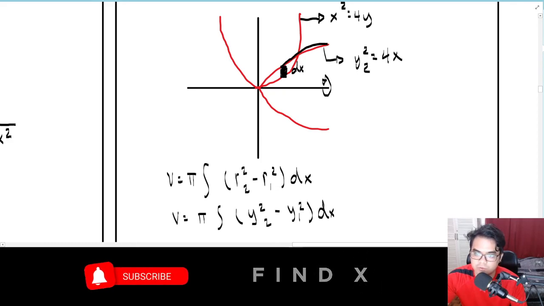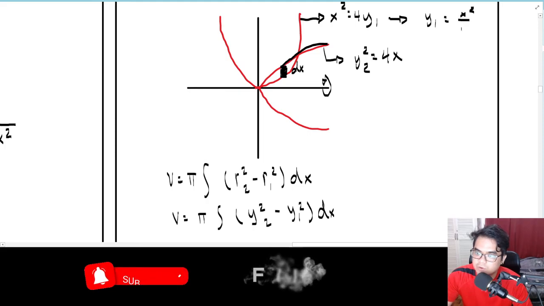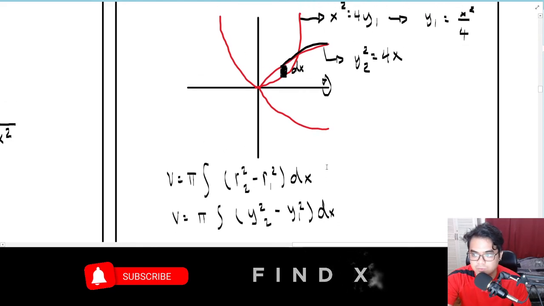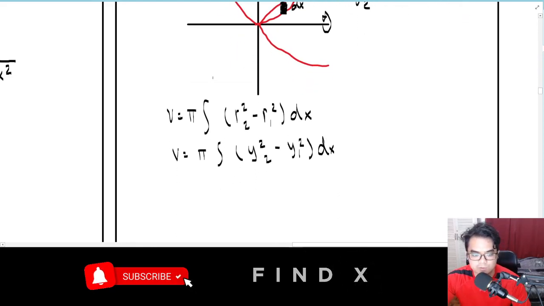So this is your y2, and of course this will be your y1. So we already have y2 squared, which is 4x, and for this one, we can rewrite it as y1 is equal to x squared over 4. Okay, and let's try now to substitute the values.